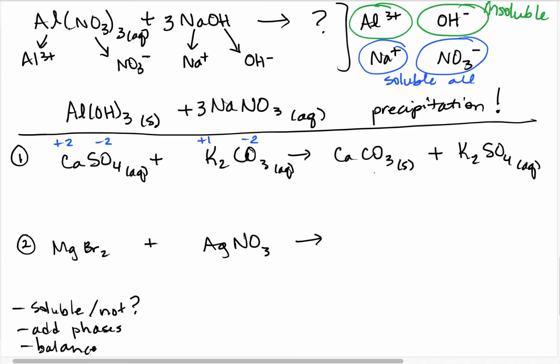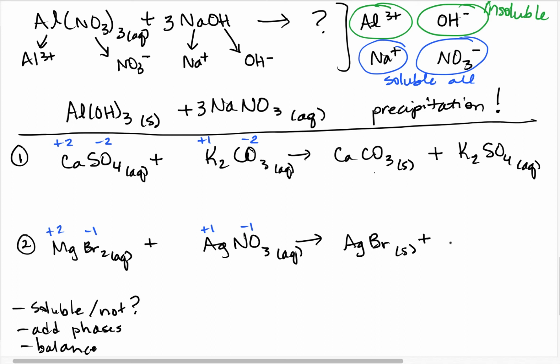Okay, next reaction. Put my charges in, +2, -1, +1, -1. And I know that nitrate is soluble with everybody, and bromide is soluble with most except for things like silver, so it turns out this one's soluble too. Speaking of silver, we have silver right here, so silver and bromide are going to make an insoluble compound.